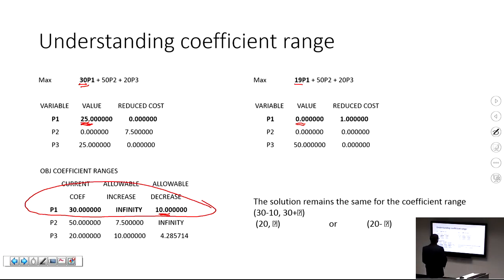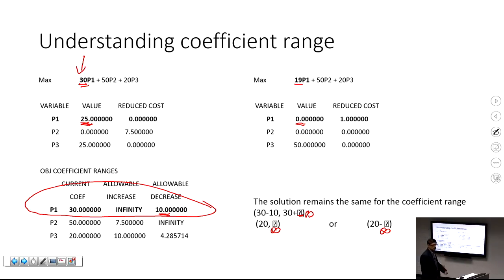And this sign here needs to actually be infinity. So 20 to infinity. As long as this coefficient stays anywhere between 20 and positive infinity, your P1 would not change.